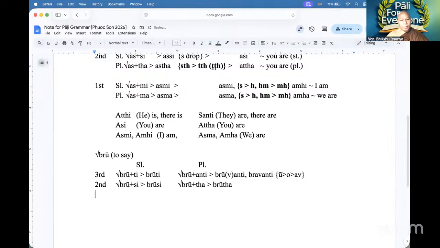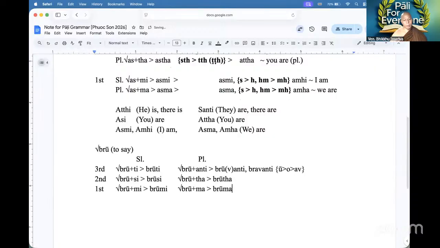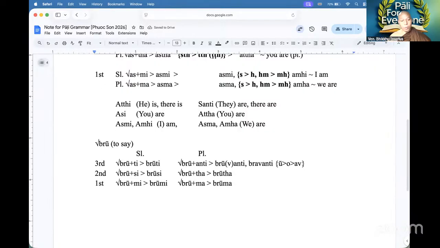And then for the first person, brew and mi, so we have brew mi, and brew and ma, so we have brew ma. Okay. So here also, now all together.